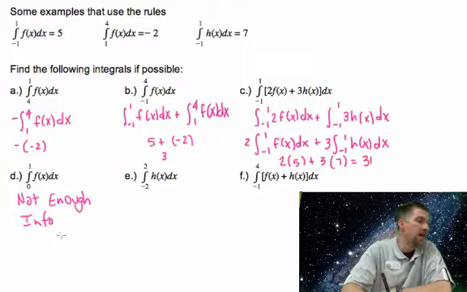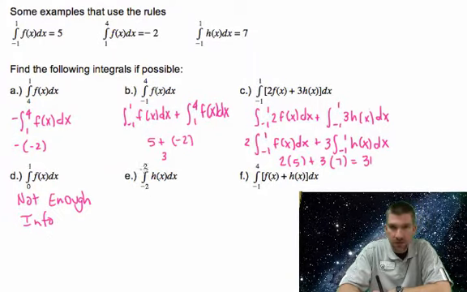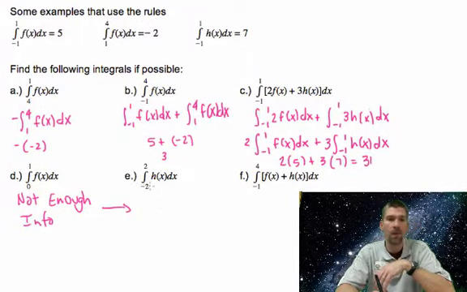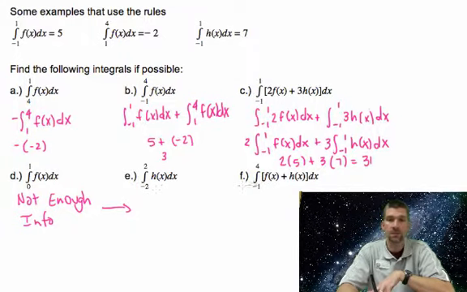What about the next one? The next one goes from negative 2 to 2. Well, it's kind of the same thing as D. There's really not enough info. I can go from negative 1 to 1, but we don't have a rule for multiplying our limits of integration by a constant. We don't have a rule for that, so there's really not enough info for that one.